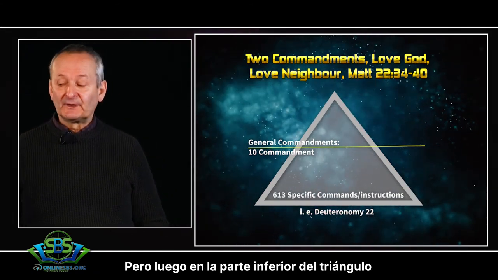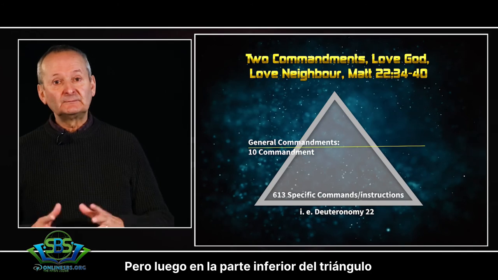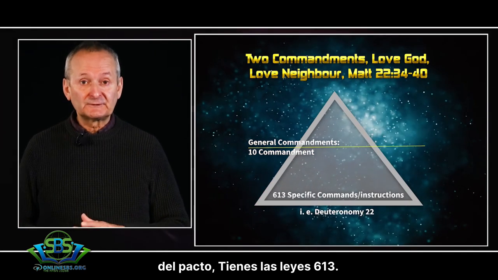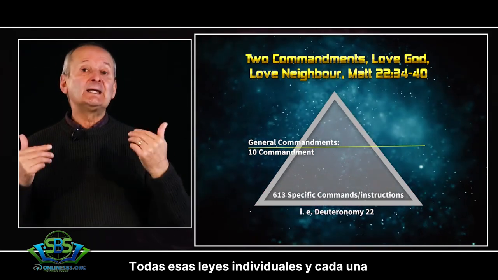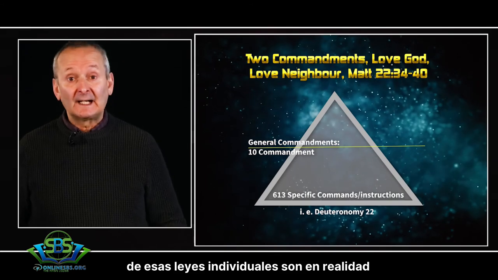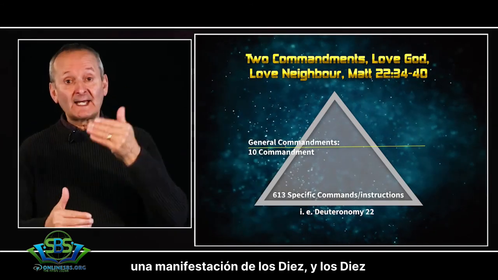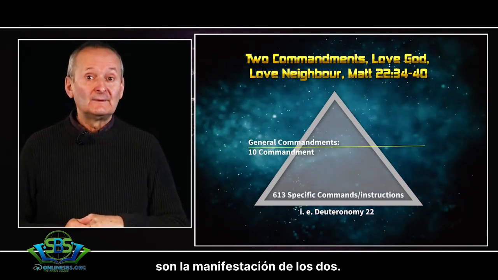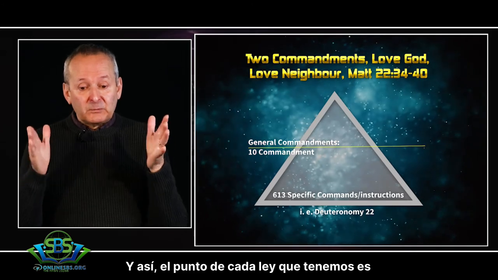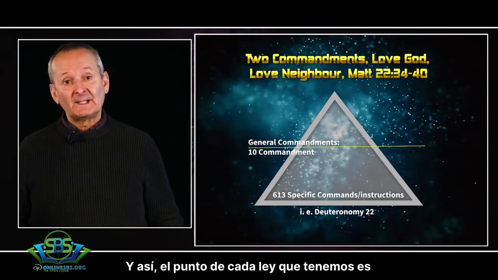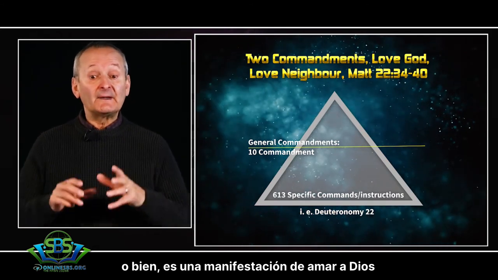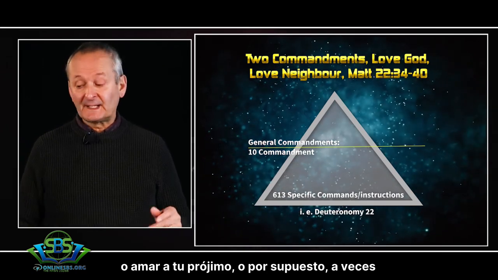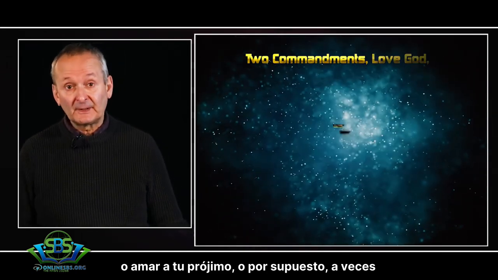But then at the bottom of the covenant triangle, you have the 613 laws, all those individual laws. And each of those individual laws are actually an outworking of the 10. And the 10 are the outworking of the 2. And so the point of every law that we have is that it's an outworking of loving God or loving your neighbour, or of course sometimes both.